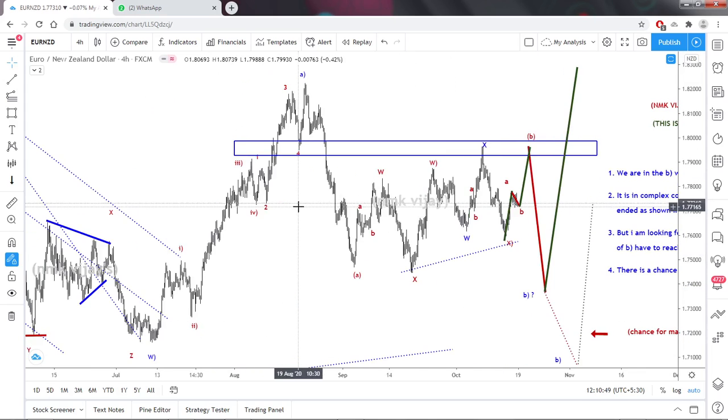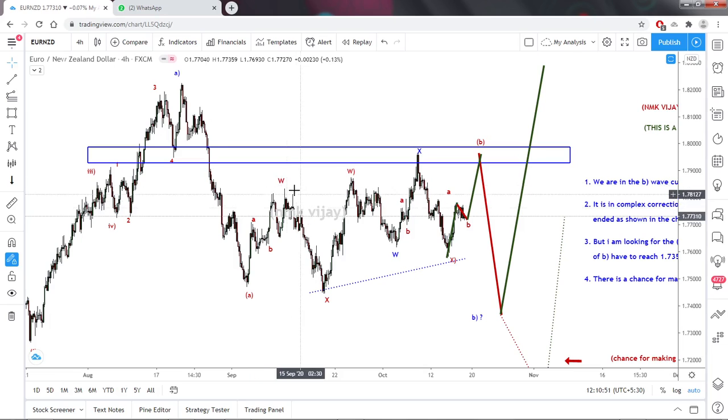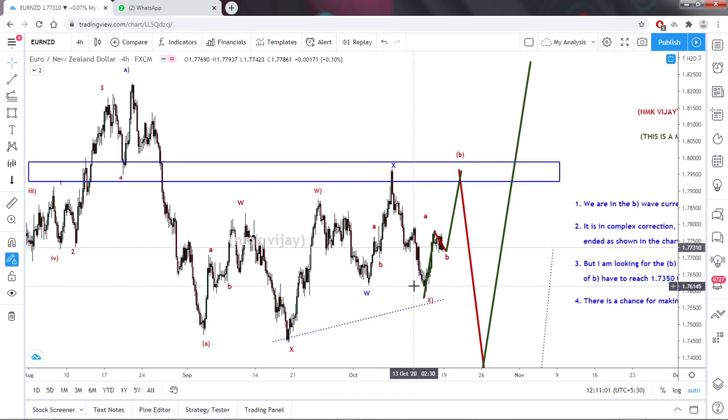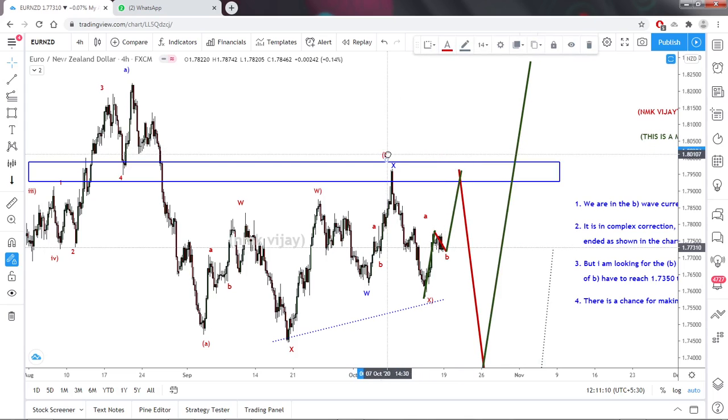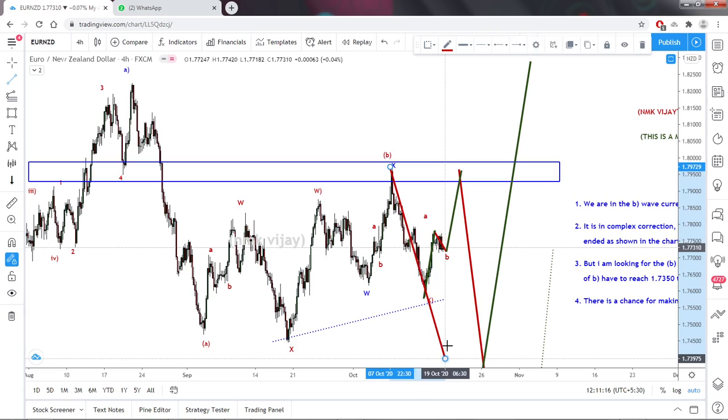So here ABC is a W, and X is the connecting wave, and ABC is finished. So I made it a single bracket W, and we are in that X wave. If the X wave has ended, meaning ABC, so Y is completed, so it has to be a B also. So here it has to fall from here itself.